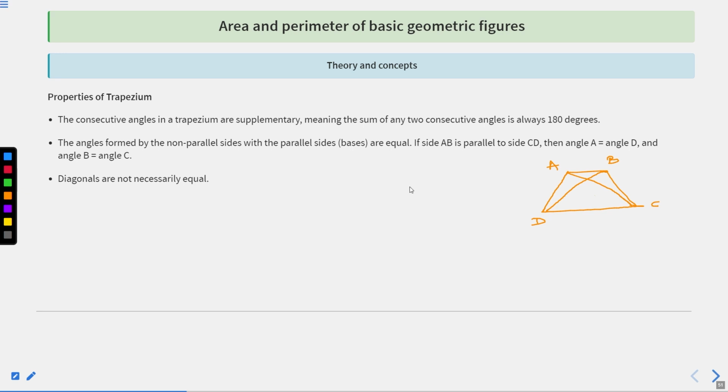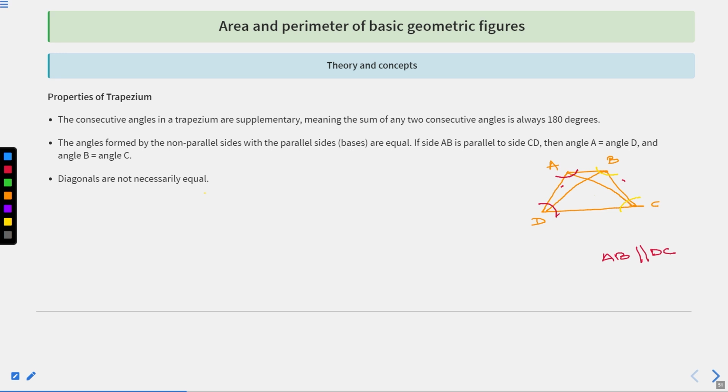Now, the angles formed by the non-parallel sides. In this case, AB is parallel to DC. So what are the non-parallel sides? This and this. So it says angle A is equal to angle D and angle B is equal to angle C. This is what the statement is trying to say.